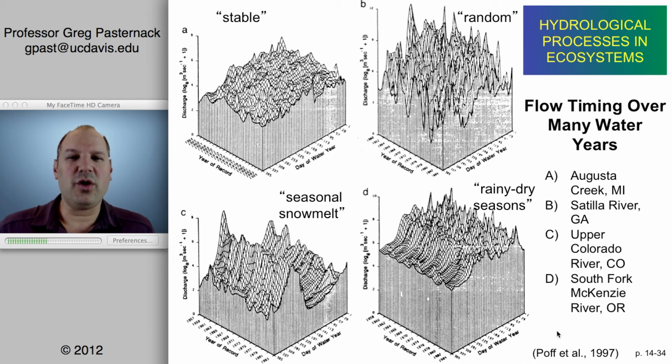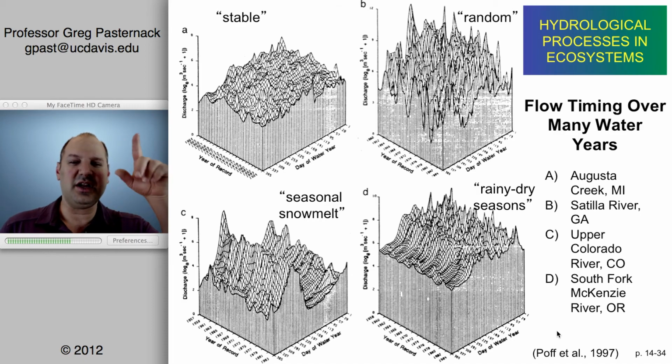This is a really cool kind of diagram. If you take all of your data for flow, let's say you have a discharge record from 1904 to 1994, so 90 years of data. If you take the data from each year, you have 365 or so points for daily discharge, and you put it in a column, then you can make a plot that shows all the data over all of the years.